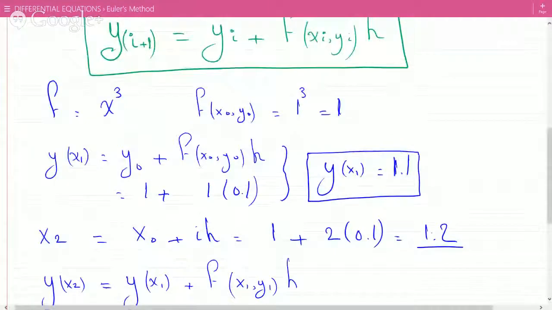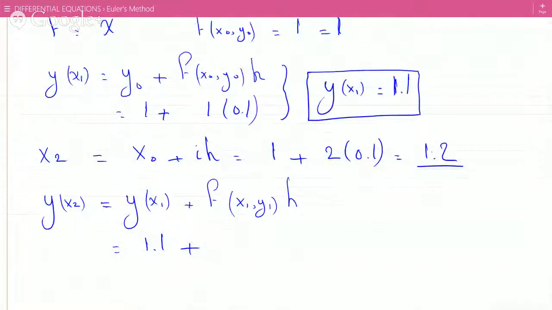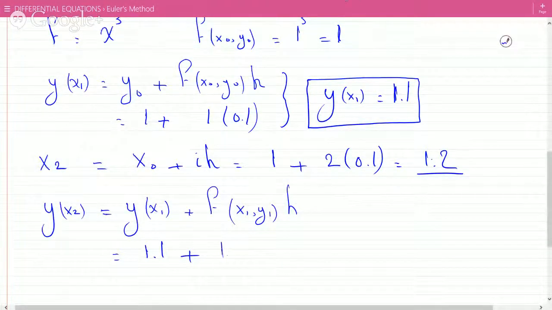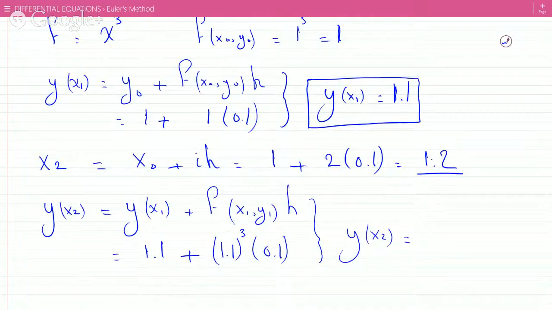So f is x cubed. So f of x1, y1, you substitute x1, y1 into the function. So x1 is 1.1. So then this is 1.1 cubed times h, times 0.1. So this gets us y of x2. You need a calculator on these. So let's find what that is.